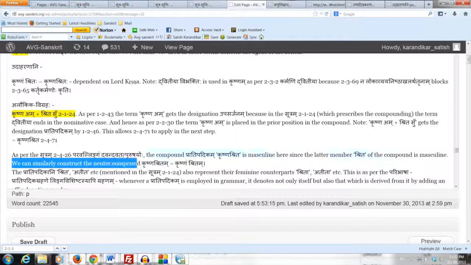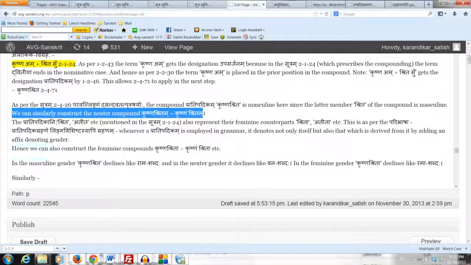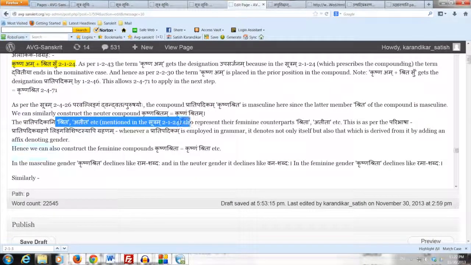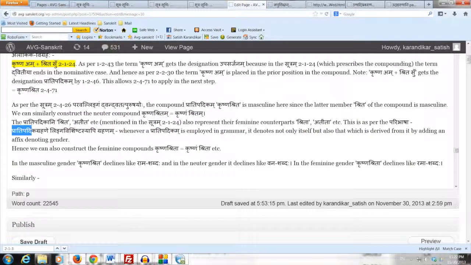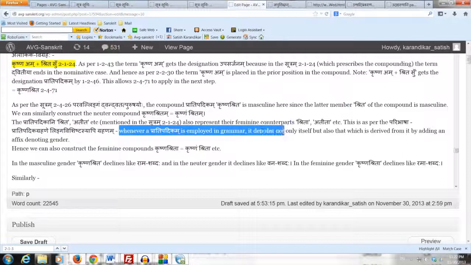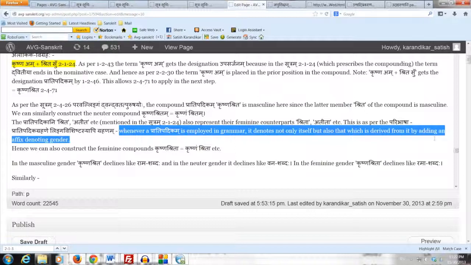We can similarly construct the neuter compound: Krishnam shritam equals Krishna shritam. The pratipadikani shrita, atita, etc., mentioned in the sutram 2.1.24 also represent their feminine counterparts, shrita, atita, etc. This is as per the paribhasha pratipadika grahane linga vishishtasyapi grahanam, meaning that whenever a pratipadikam is employed in grammar, it denotes not only itself but also that which is derived from it by adding an affix denoting gender.